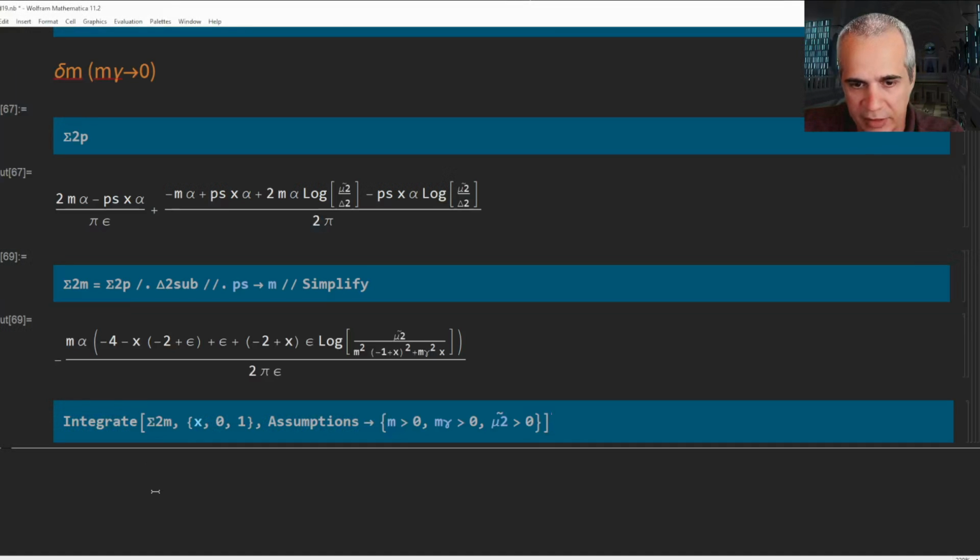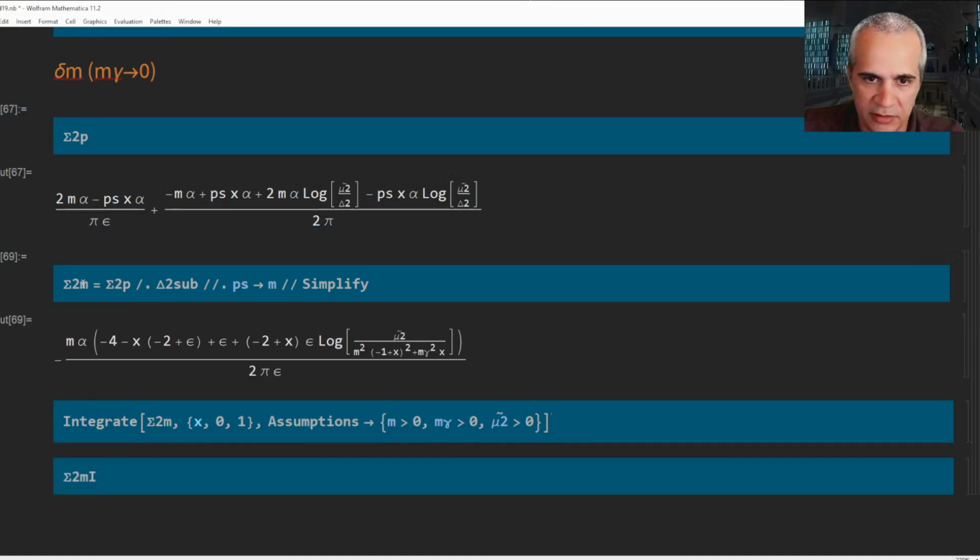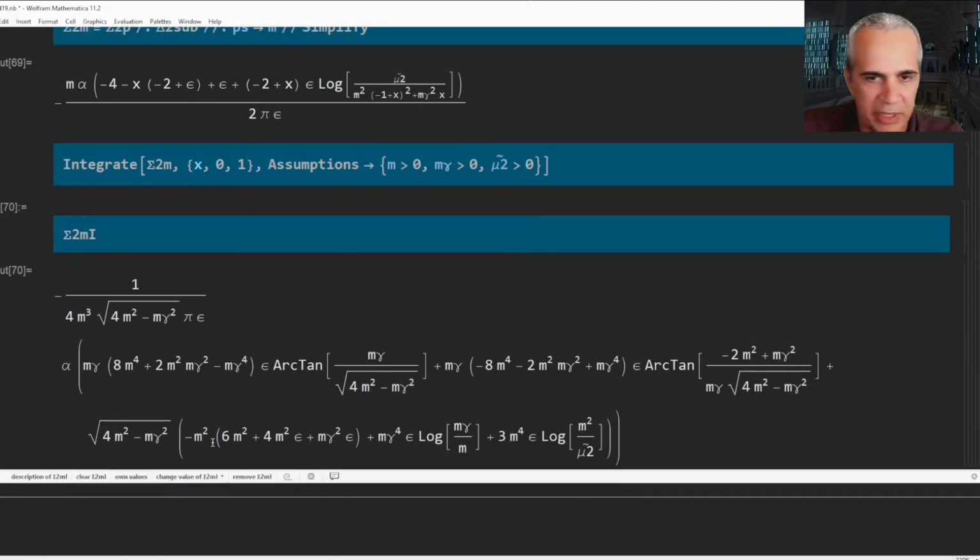I have the integral done here. I call this integrated, and this is the solution. Again, very non-enlightening contribution. But I can, again, think on what happens if I take m gamma going to 0.